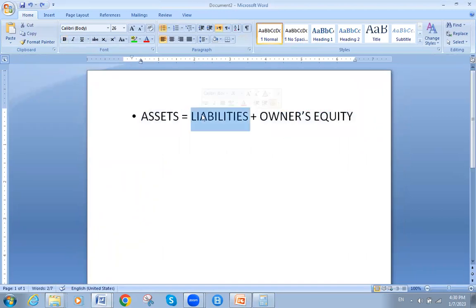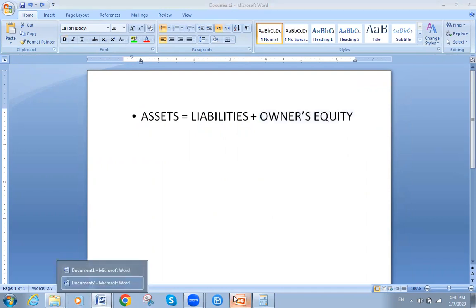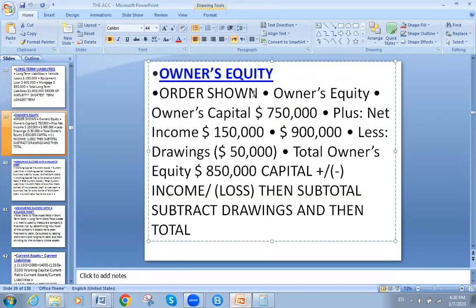So for owner's equity, you can remove this word and write capital instead of it, if the capital is the owner's equity. Here the owner's equity consists of capital plus net income minus drawings. So this will give me the owner's equity.